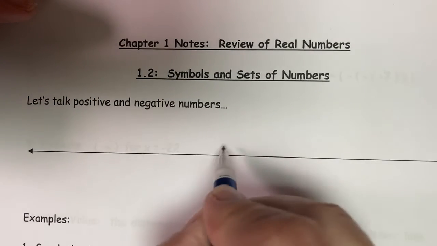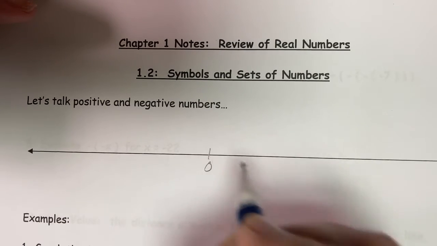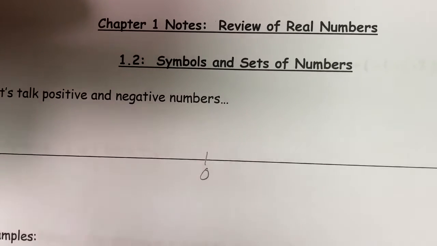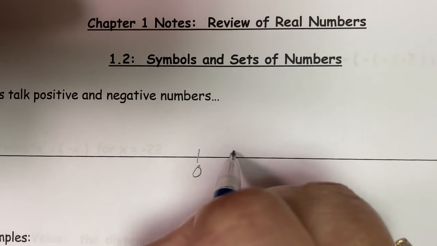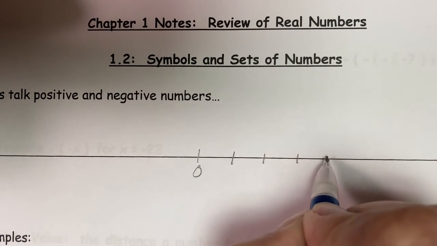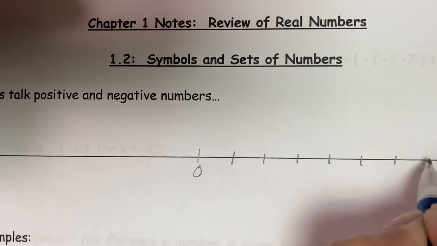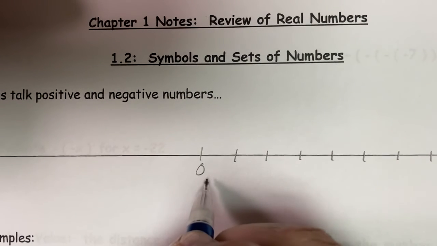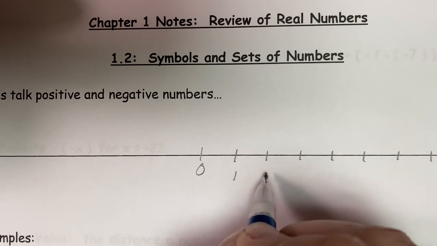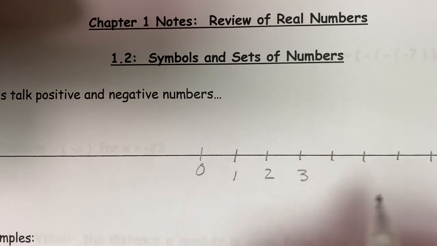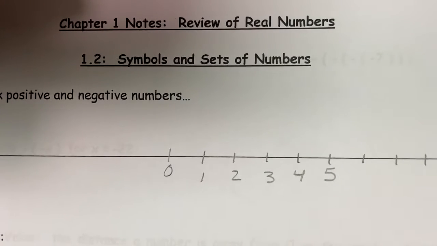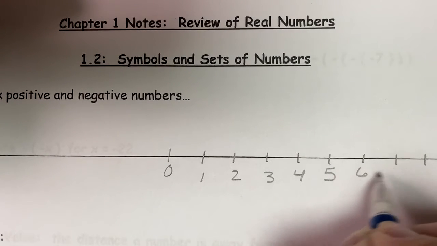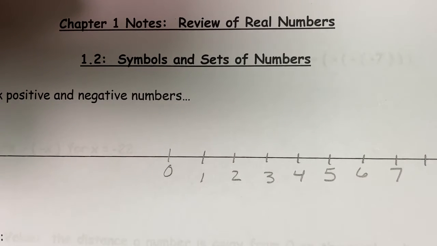So when we talk about positive and negative numbers or integers, we can look at a number line. And if we construct a number line here, you can see that as we go from 0 to the right, we are going in the positive direction. So this number I'm writing right now is a positive 5, positive 6, positive 7, and so on.